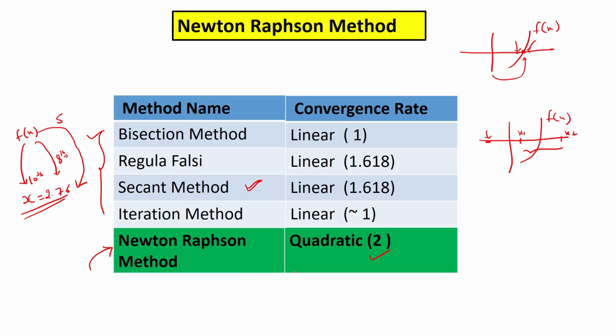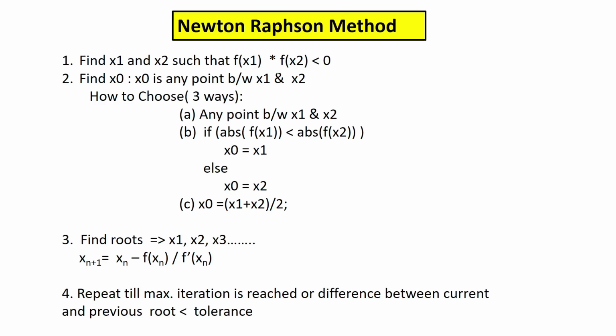So now we will see how we can apply the Newton Raphson method on a given function. That is, what are the general steps to find the roots of an algebraic and transcendental equation. So these are the simple steps for the Newton Raphson method. So let's say we are given a function, let's say f of x equal to 0, right? And now we have to find the roots of this function. Okay, so what Newton Raphson method says, first you have to find the 2 points x1 and x2 such that they satisfy this property.